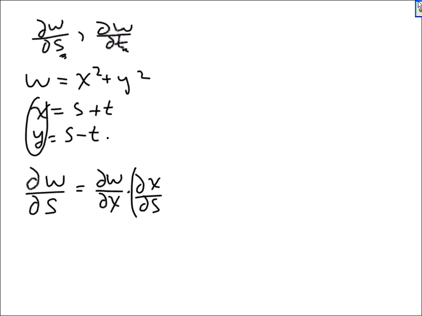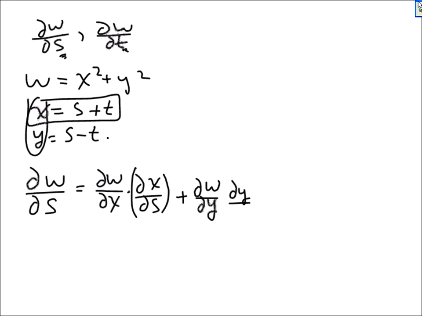The reason the second one is partial is because x is not just a function of s, it's a function of s and t. Plus the partial of w with respect to y, and then partial y with respect to s. Now to calculate these four, multiply and add them.